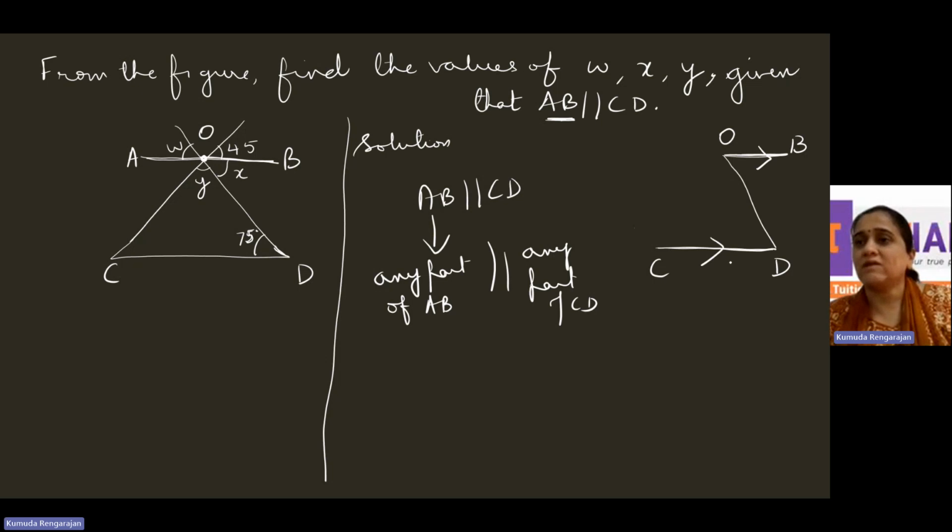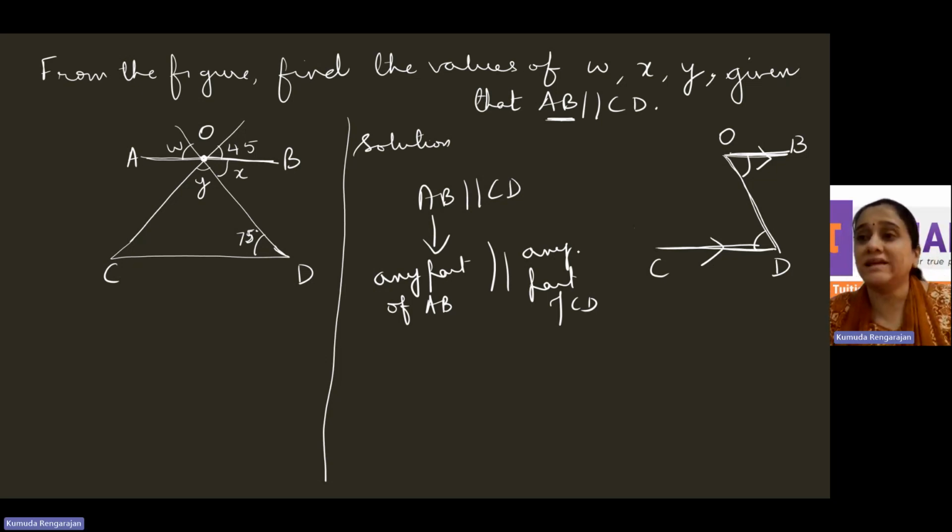And what are alternate angles? They're Z-shaped angles. You can see that OB is parallel to CD and OD is the transversal. So you can see these two angles in the Z. They are alternate interior angles and they are equal because the lines are parallel.